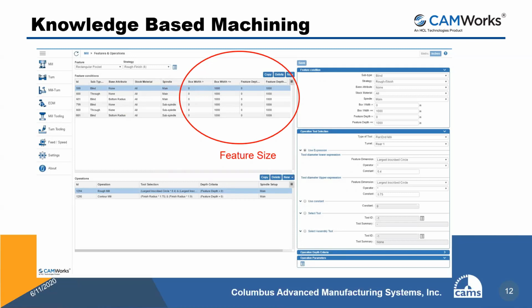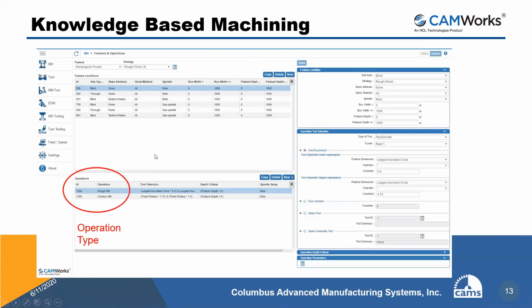This example here is wide open to capture all types of rectangular pockets, because the size of it is between 0 and 1,000 inches. So this is a generic one, with no specific size range. But you can break that down into all different sizes and have them output different operations, which you'll see down here under the operation type.